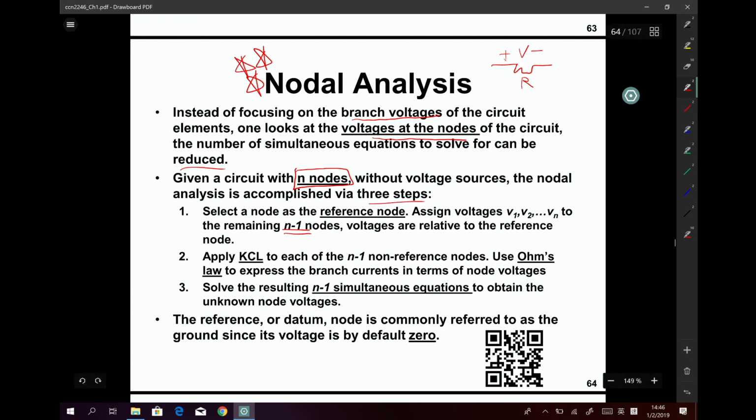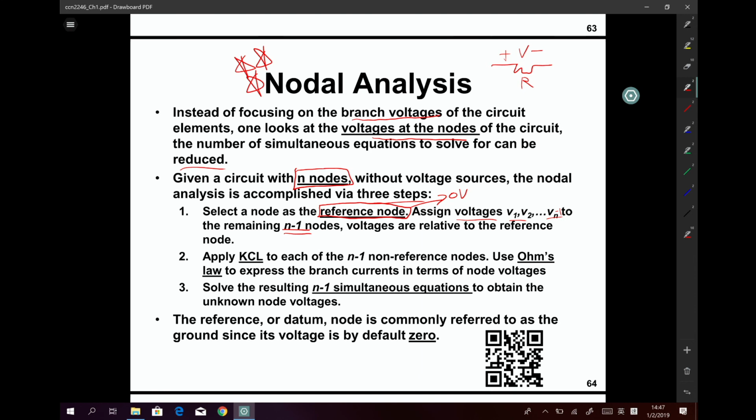Firstly, in your circuit, you need to identify the reference loop, and this reference loop is represented by 0 volt. The other loops you will assign a voltage V1 up to Vn minus 1, and they are the loop voltages with reference to the reference loop.